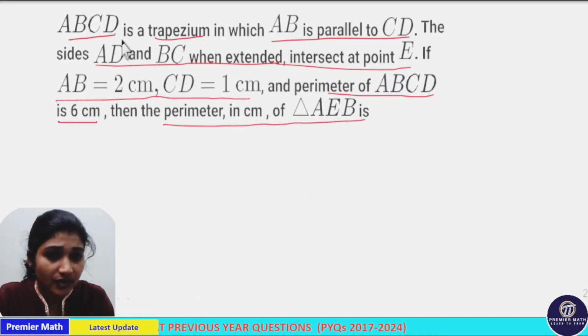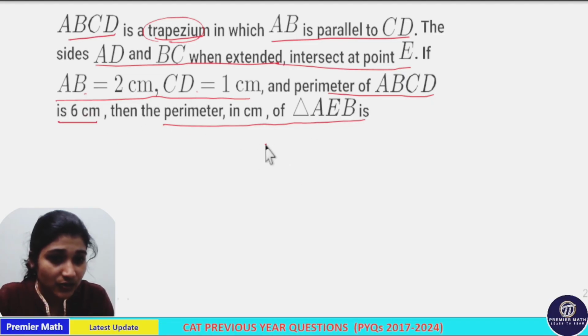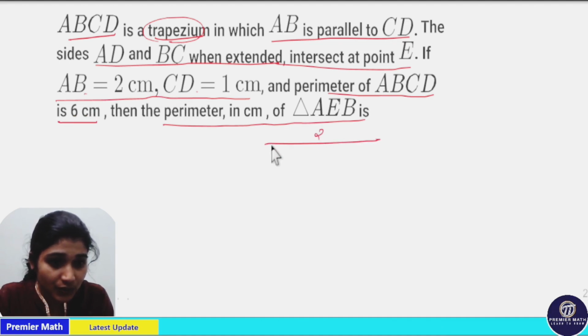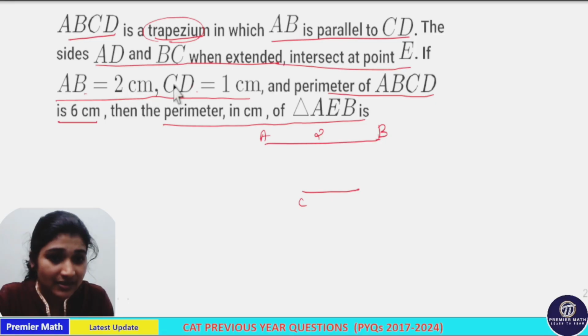Here, this is a trapezium and AB is parallel to CD. Here, AB is 2 cm and CD is 1 centimeter. But here AD and BC are extended.